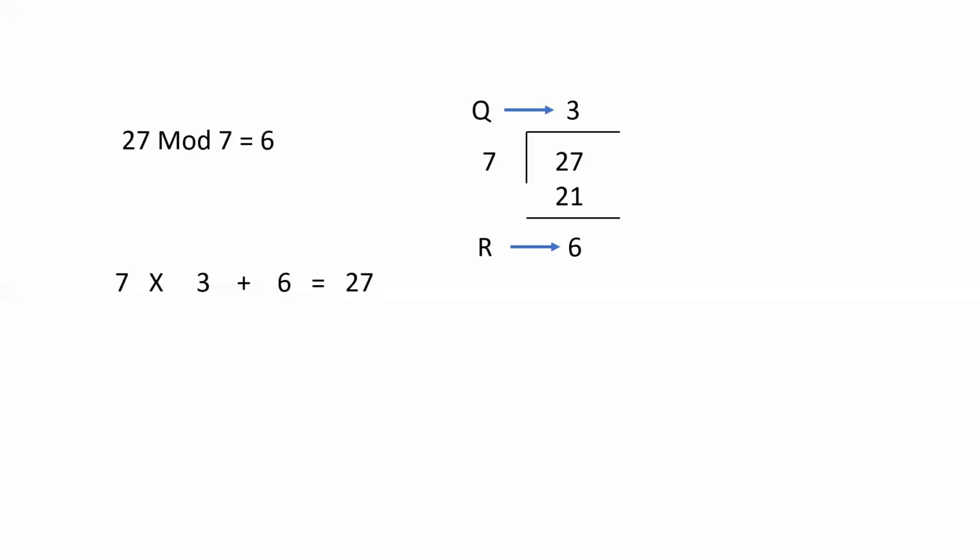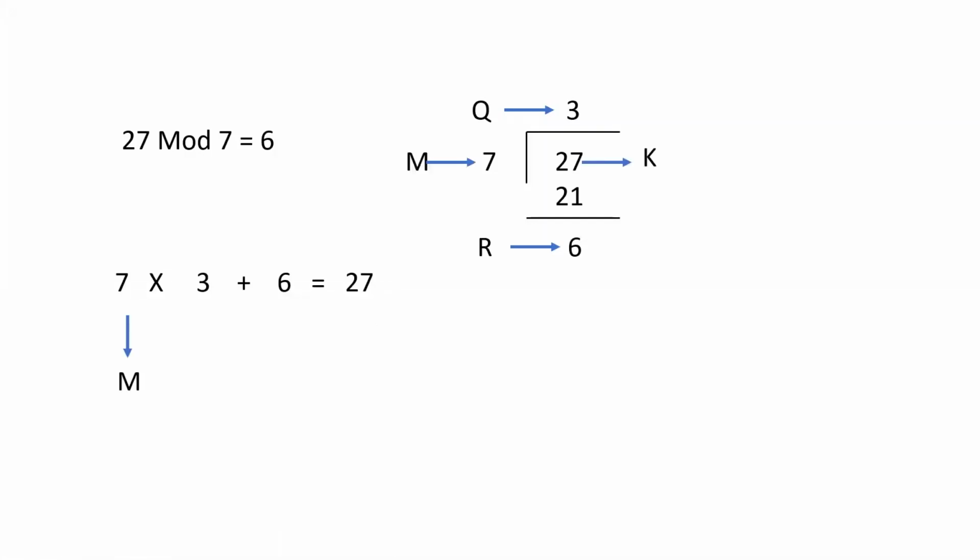So if you multiply the divisor by the quotient and add the remainder, you will get the number 27. 7 into 3, 7 3s are 21, plus 6 gives you 27. So after finding the mod value, if you want to check whether it is correct, you multiply the divisor with the quotient and add the remainder. If you get the number 27 back, then the mod operation you have done is correct.